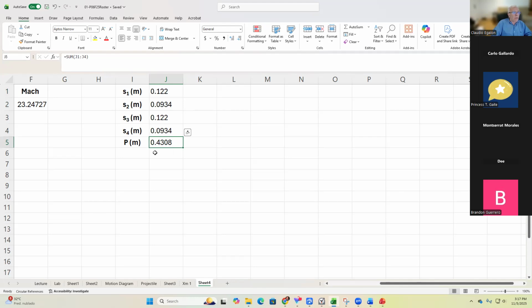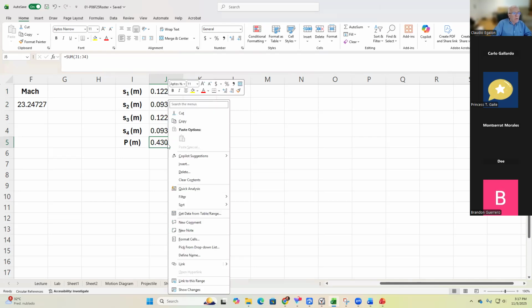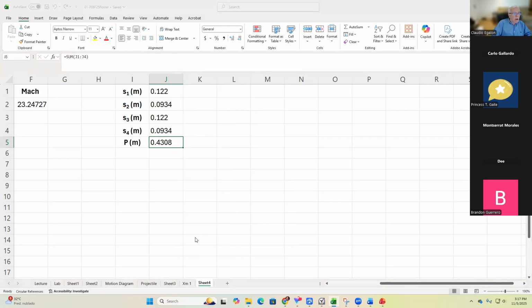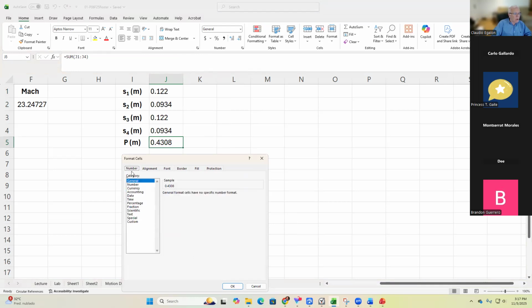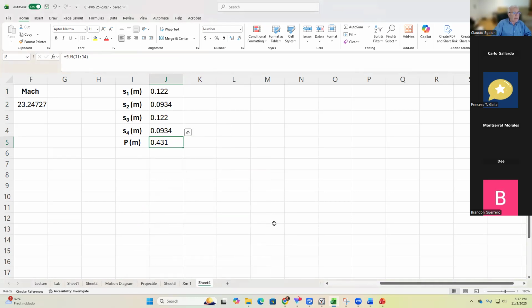And remember, your final result must keep the least number of decimal places. So instead of writing perimeter equal to 0.4308, you are going to write the perimeter as 0.431. You have to round up whenever the last digit is 5 or above. So instead of 4 decimal places, we are going to have 3 decimal places.